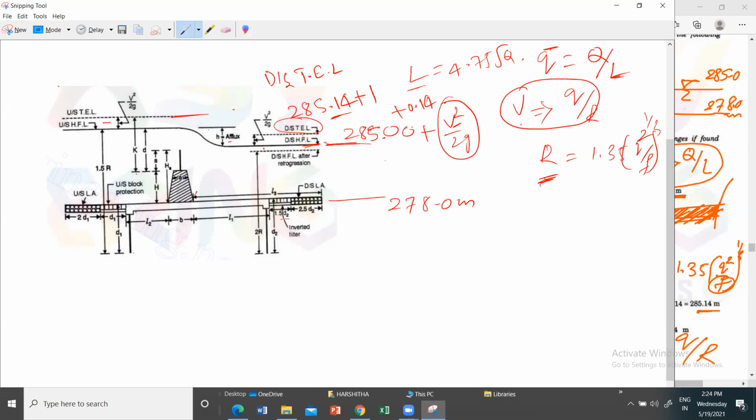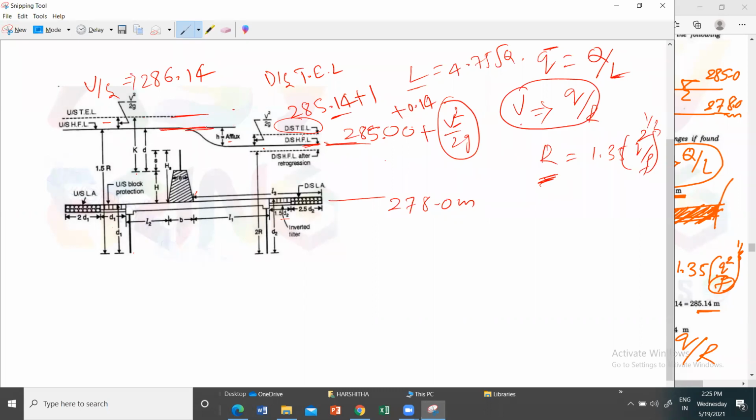285.14 plus 1, so the upstream side total energy line will be equal to 286.14. The afflux is 1 meter, as we are considering. So we get this level.